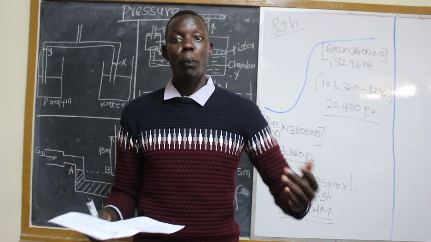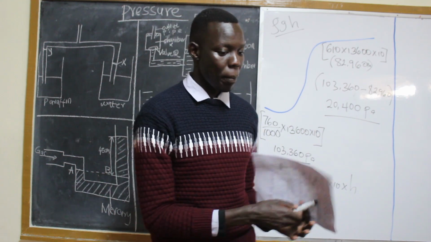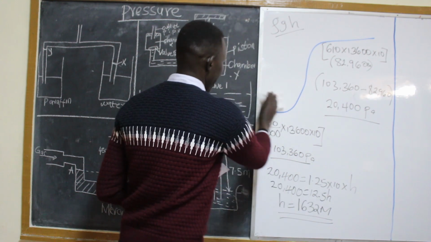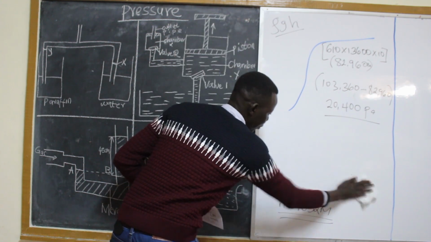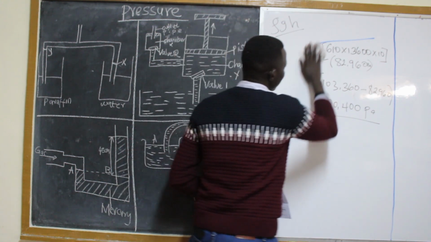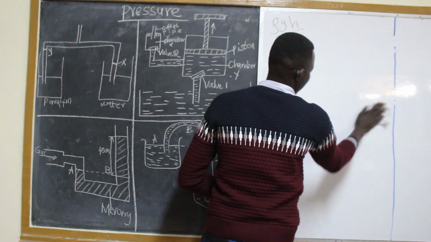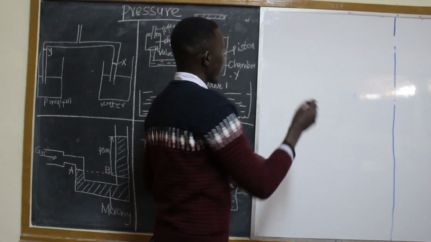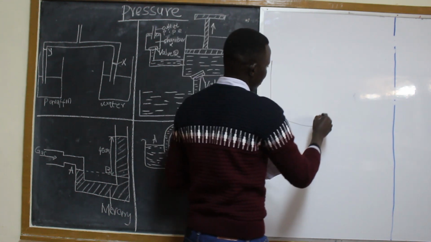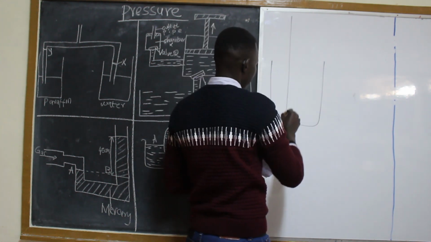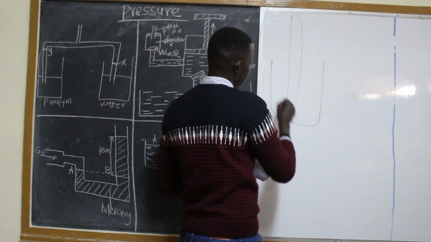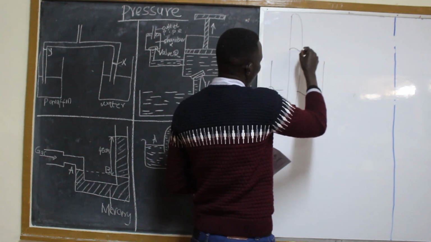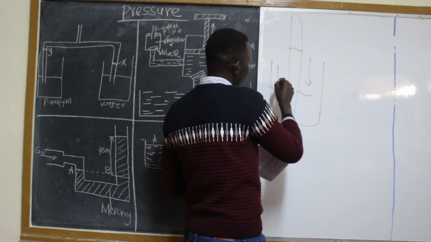So meaning the tube you will be using, the mercury barometer, is in this manner. Allow me to clear this. Mercury barometer, you know how it is. So the atmospheric pressure will push the mercury to rise.